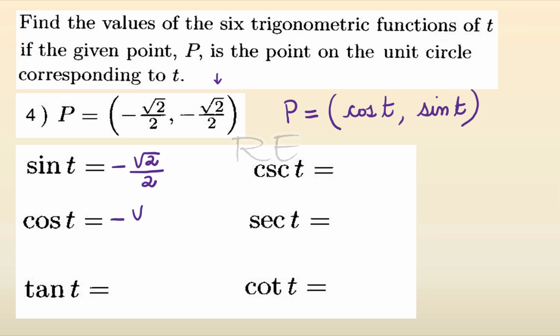Cosine t is minus square root of 2 over 2. Tangent t is positive 1, sine over cosine. Cosecant t is just minus square root of 2. Secant t is minus square root of 2. And cotangent t is 1.